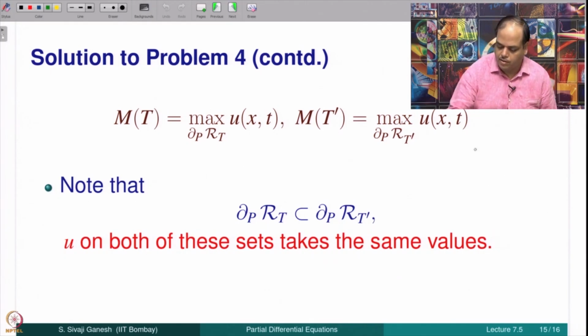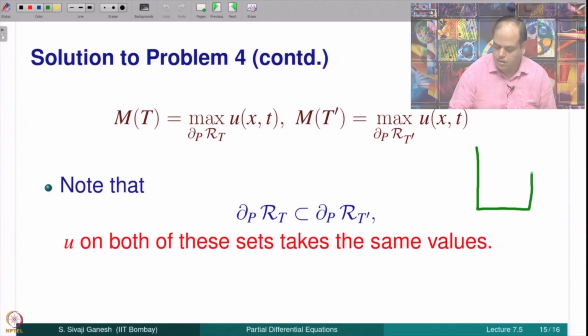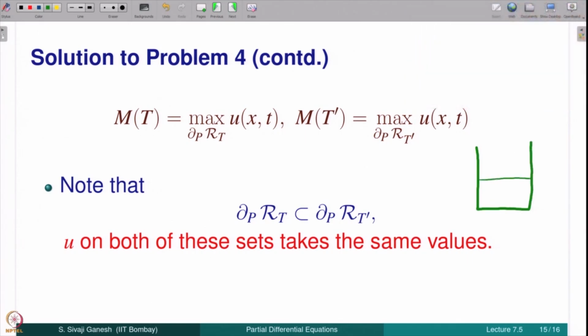Let us just have a look at this picture. This is R_T. This is R_T dash. So this part is the parabolic boundary of R_T.